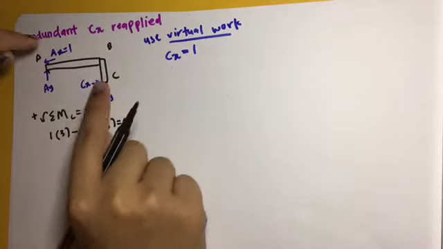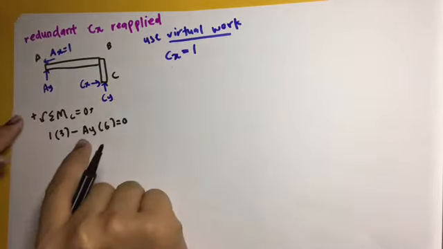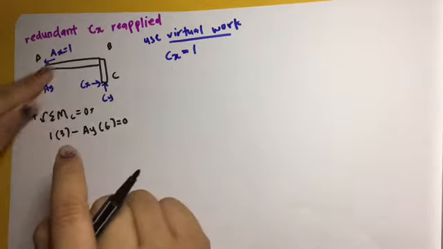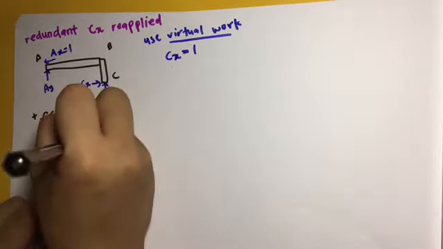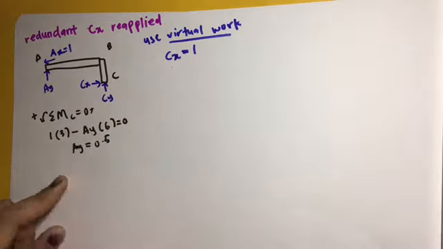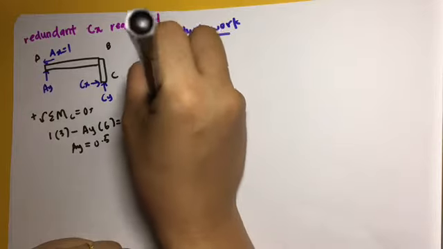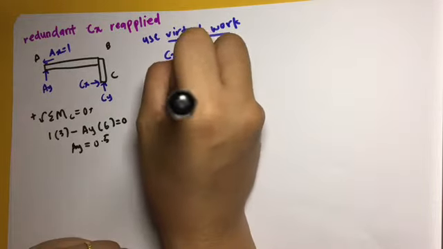This one is for this force right here, this moment right here, and then this one is for this moment right here, equals to 0. So solving this, we get AY equals to 0.5, and then we are going to find the CY now.